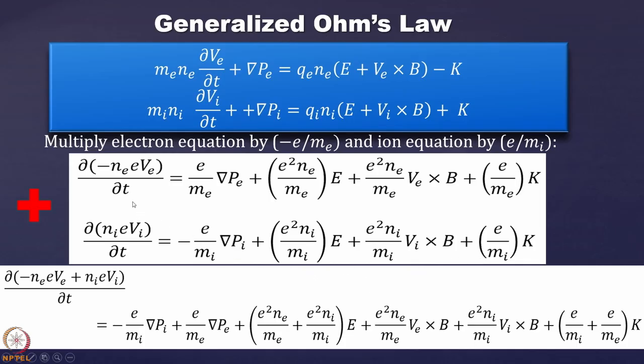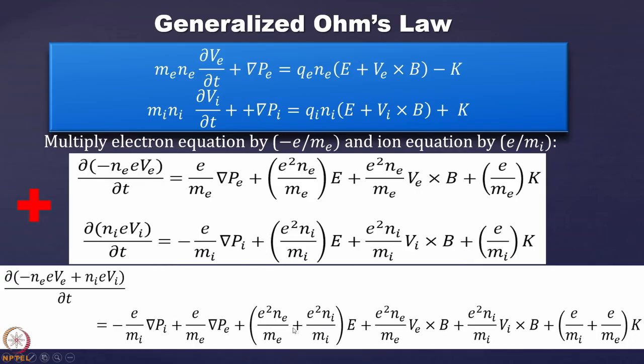But for the time being, what we are doing, we are adding these two. So if you add these two, you see the del term, and in the argument it comes like minus Ne e Ve, and then Ni e Vi. This is coming here, and then you add these two, so e by Me and e by Mi, this is negative and this is positive, and this one clubs together, it comes like this, and this e is taken common.